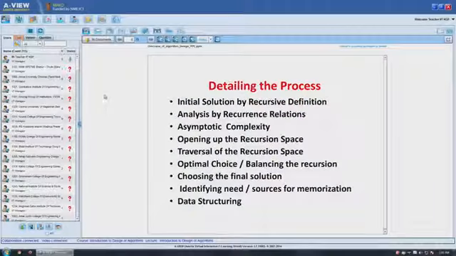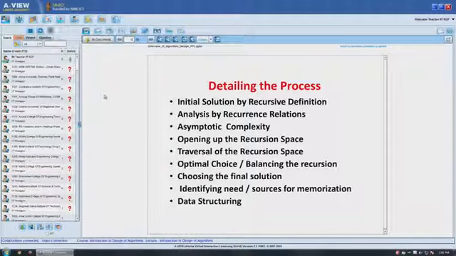So, bringing this overall idea together, the objective is to try and introduce the basic mechanism for our approach. Our approach is to get the initial solution by a recursive definition, then to analyze the recursive definition through recurrence relations and the asymptotic complexity, as we just showed and as shown in detail in the other lectures.